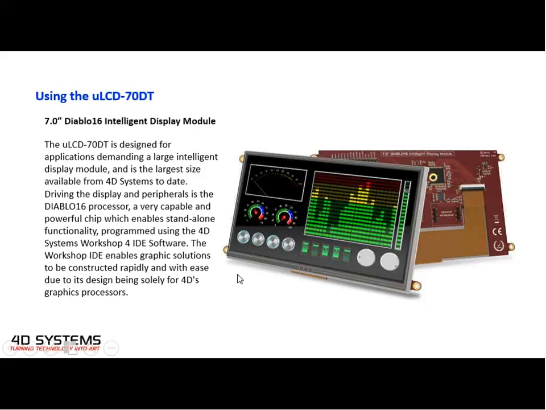Driven by Diablo16, it is very capable, with a powerful suite which enables standalone functionality programmed using the 4D Workshop 4 IDE software. The Workshop IDE enables graphic solutions to be constructed rapidly and with ease, due to the design being solely for these graphic processors.